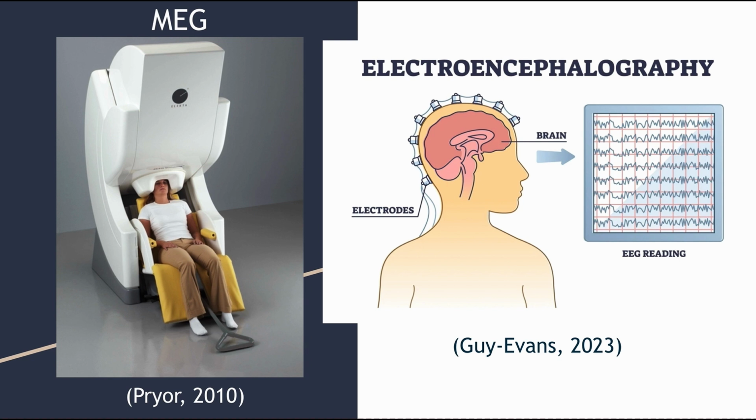EEG is also a fast brain imaging technique, but it also lacks the spatial information, like MEG. The difference is that MEG records the magnetic field and magnetic direction of the neuron activities, while EEG actually records the actual electrical changes in the neurons.